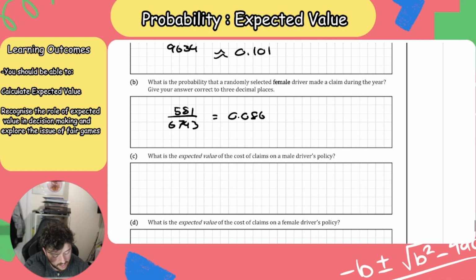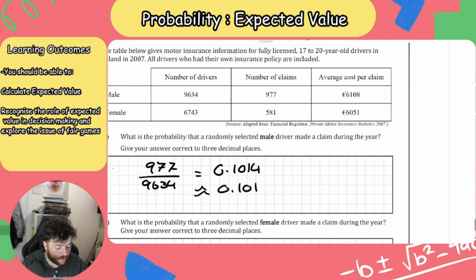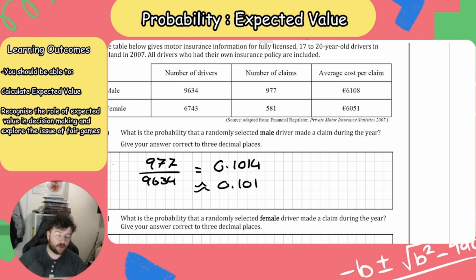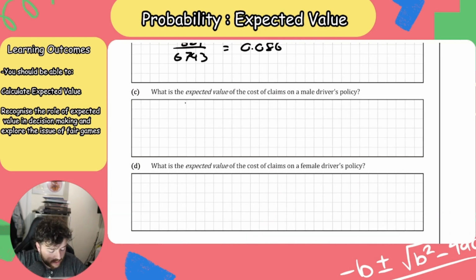Then finally, the expected value. There's a 0.101 chance of a male making a claim, so x times p of x.